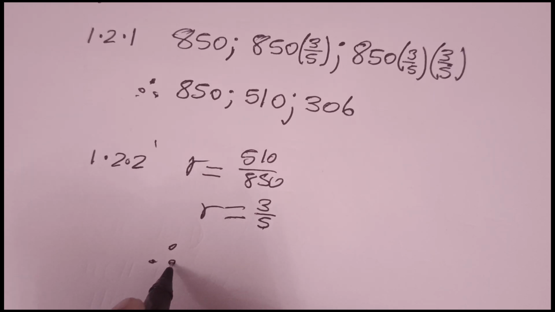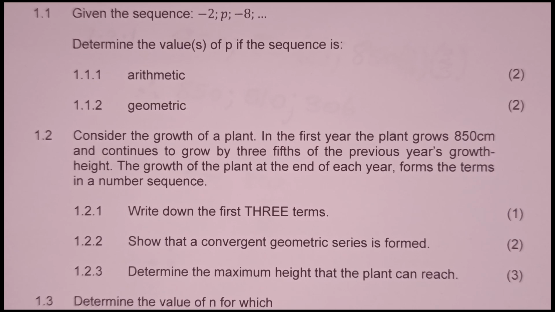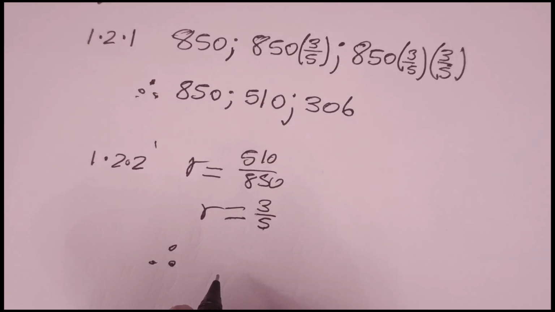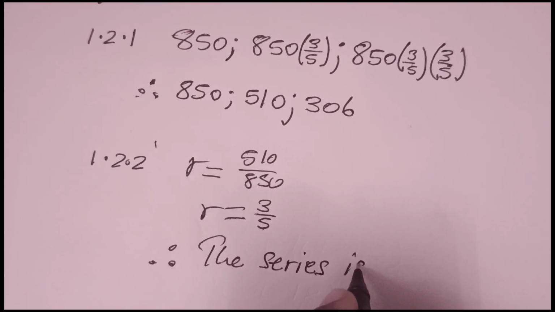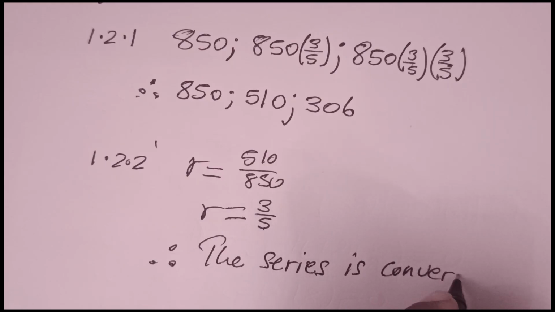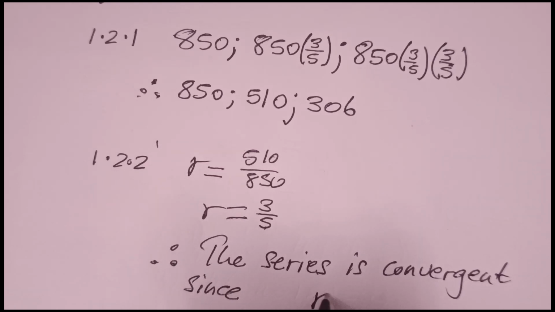Remember the question says, show that a convergent series is formed. Therefore, the common ratio 3 over 5 is the same as 0.6. The series is convergent since R lies between 1 and -1.